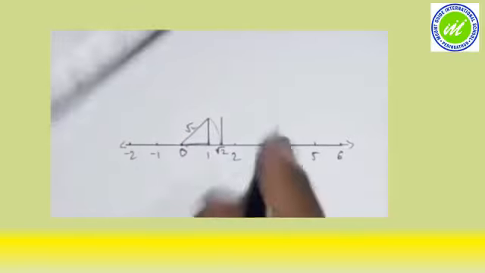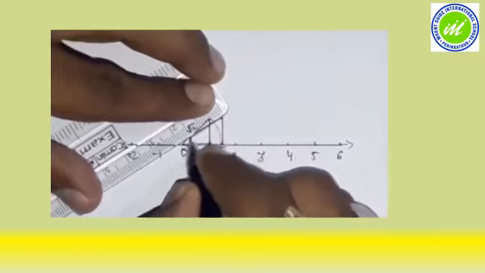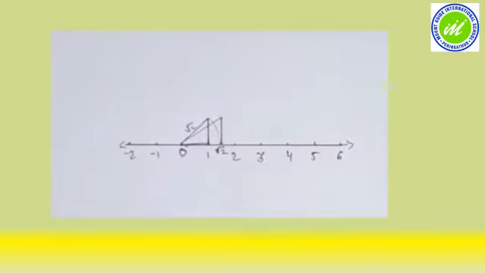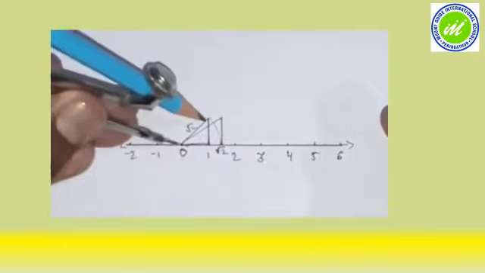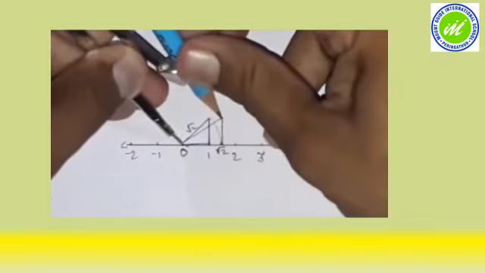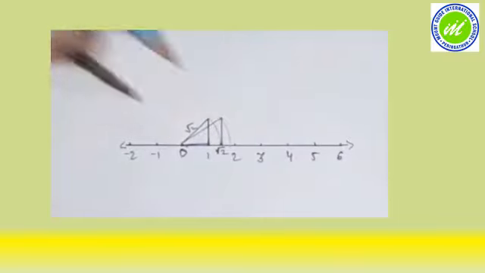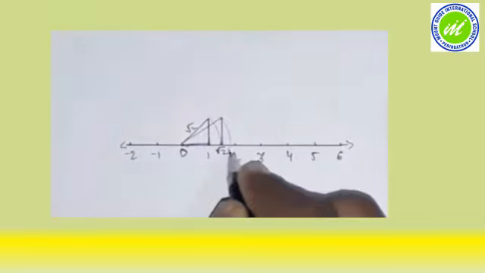Now again this distance from here to the center will be your root 3. Again you know this hypotenuse is root 3, so take your compass from here to here and then draw an arc. This point will be root 3.